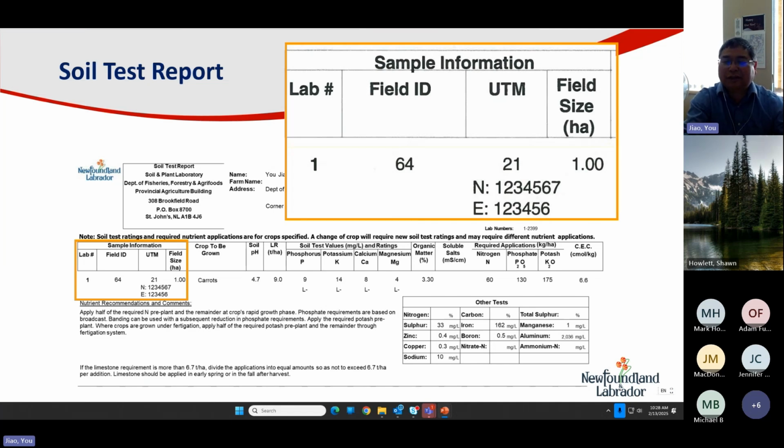The north is 7 digits, and the east-west is 6 digits. That number is basically in meters. So your sample field is in UTM zone 21, the north is a 7-digit number of meters, and the east or west is 6 digits. This tells you exactly the field location.